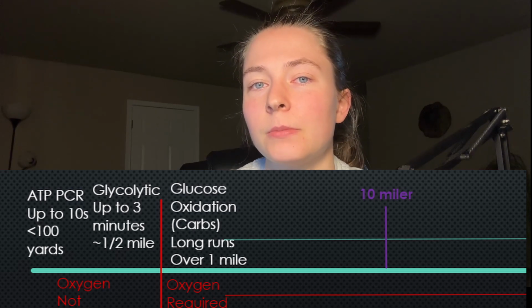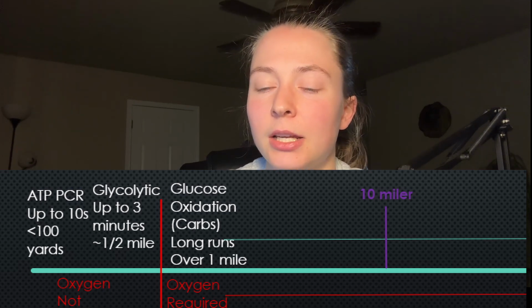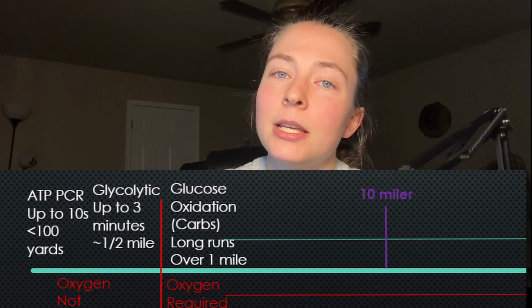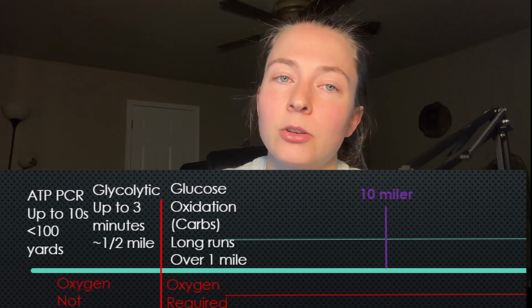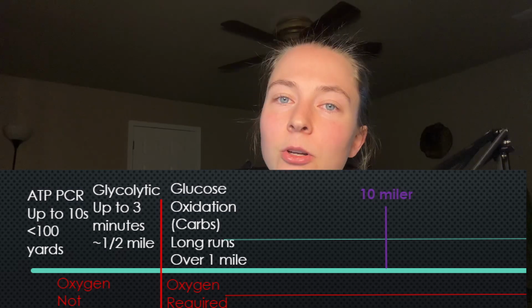However, this is very rare and does not apply to most athletes or people in general who are training. When it comes to training, the majority of our focus is on those first three systems: the ATP-PCR, the anaerobic glycolysis, and the aerobic oxidation.